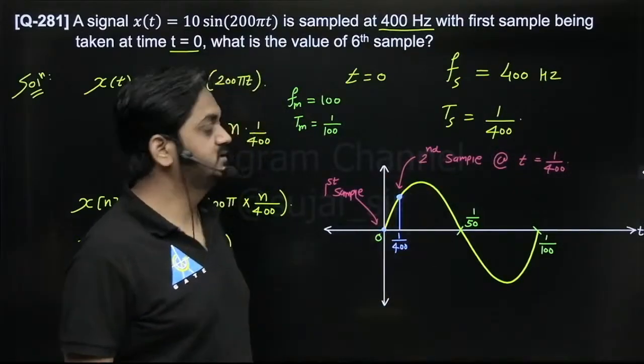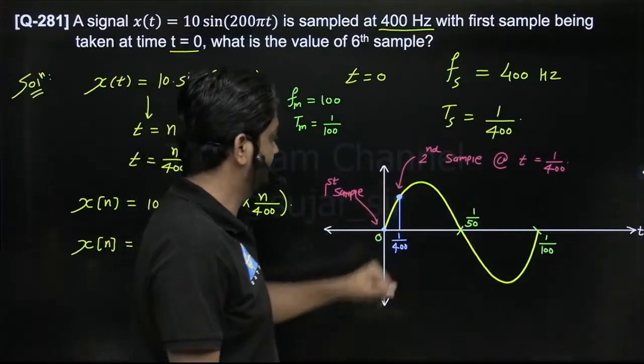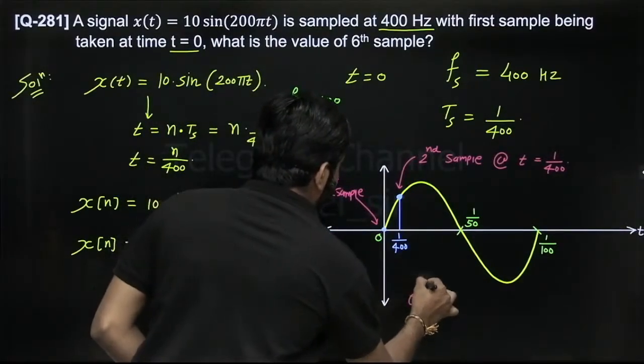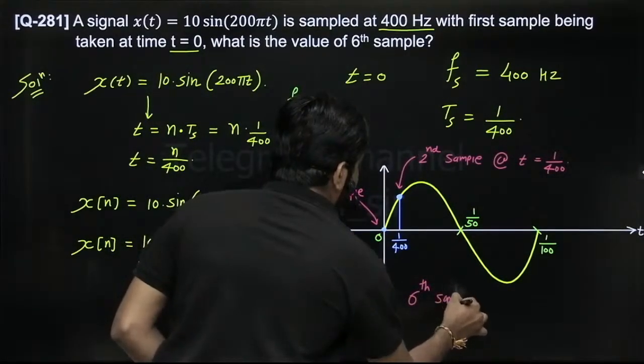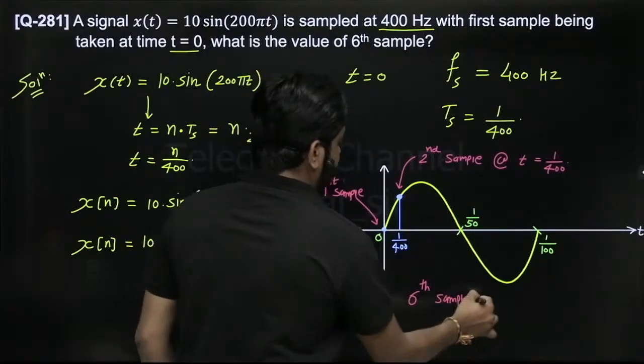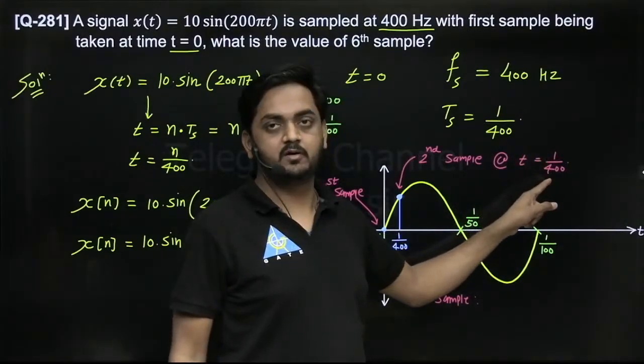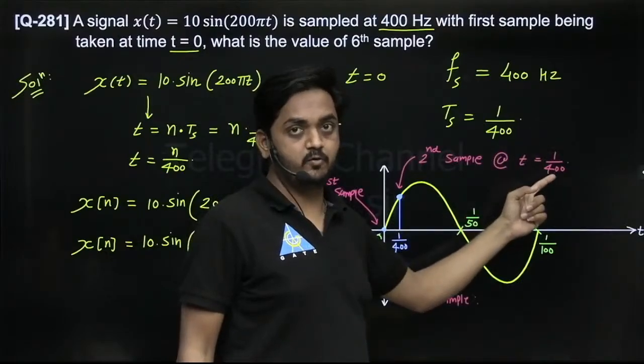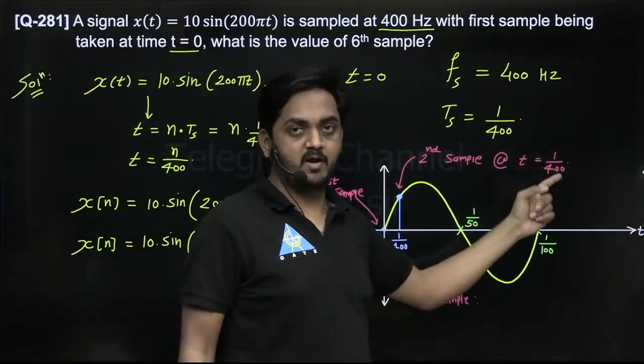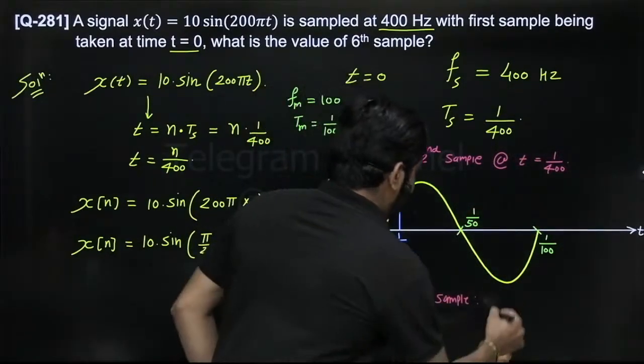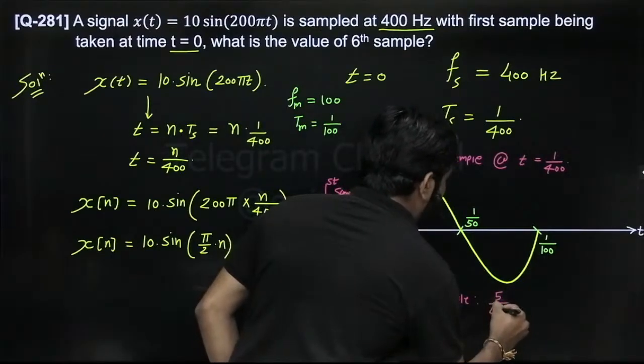So what about the sixth sample? Third sample is 2 by 400, fourth sample 3 by 400, fifth sample 4 by 400, and sixth sample 5 by 400, guys.